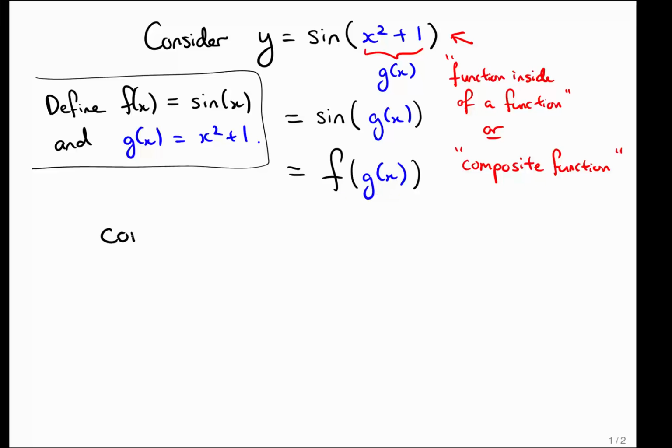To summarize, two functions, f and g, can be combined together to create a brand new and more complicated function using a special operation called composition, which is denoted by an open circle between f and g.